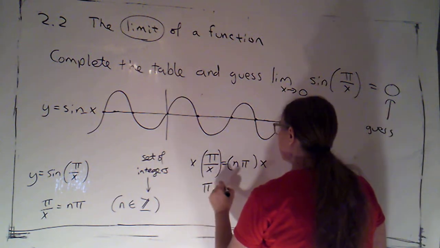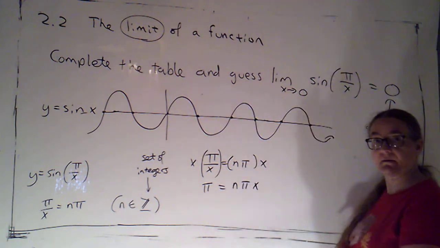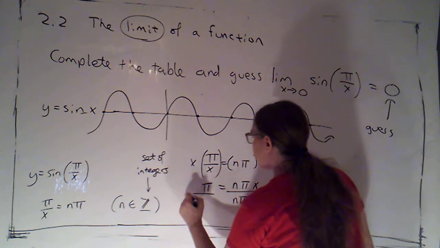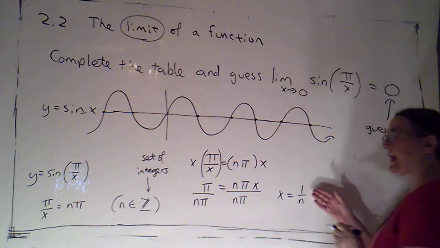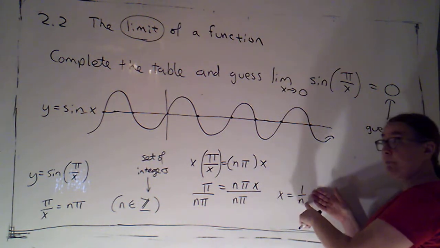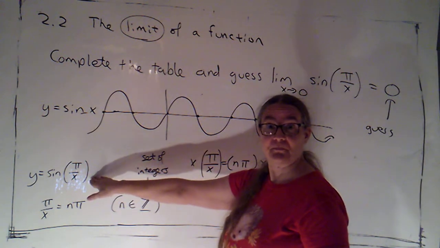So pi would equal n times pi times x. Divide both sides by n pi, and x is 1 over n. So as long as x is the reciprocal of an integer, this function is going to be 0.